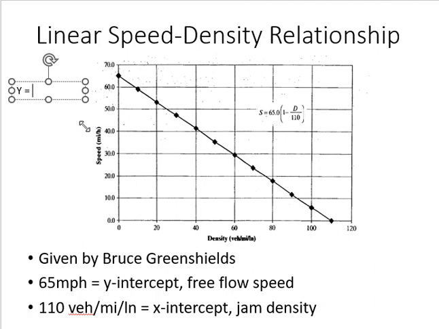A plus bx. Now I want to develop this equation for this graph. What is my y here? Speed. What is my x here? Density. What is my a here?